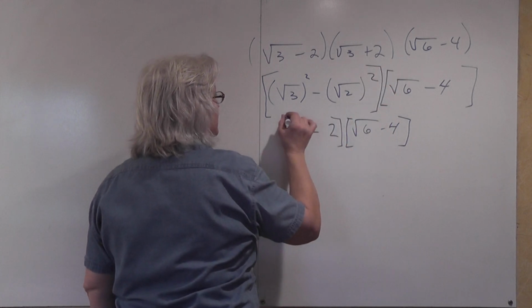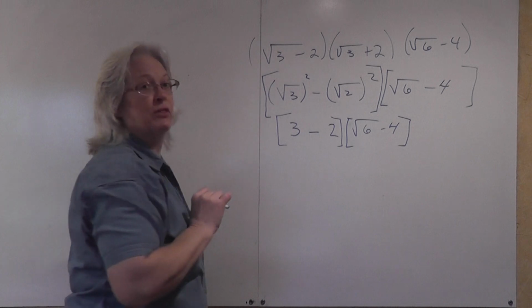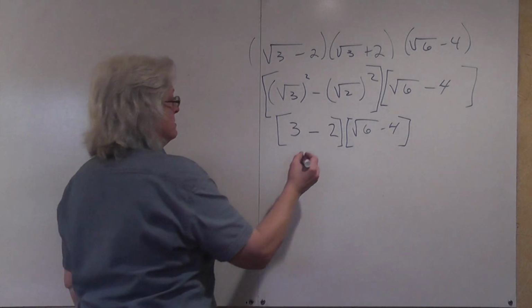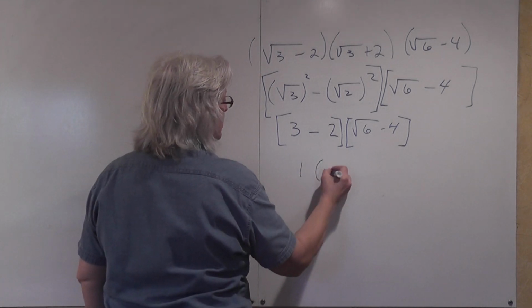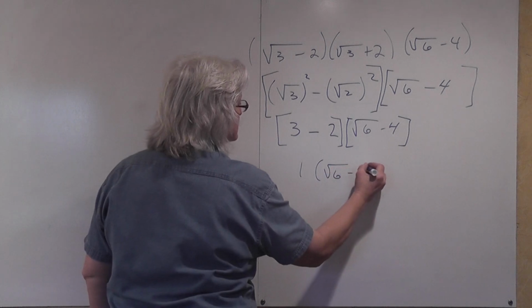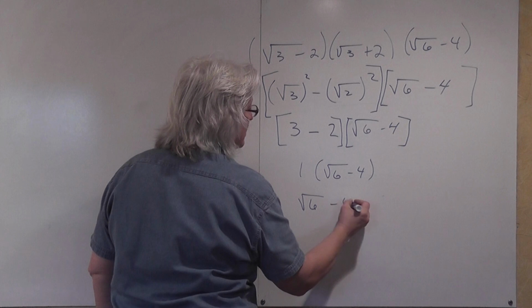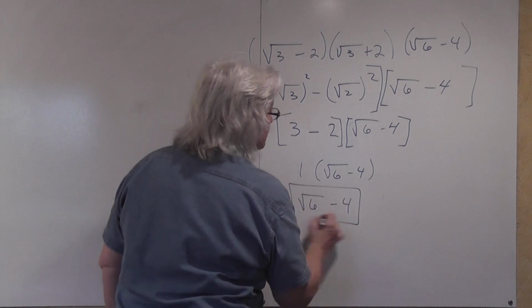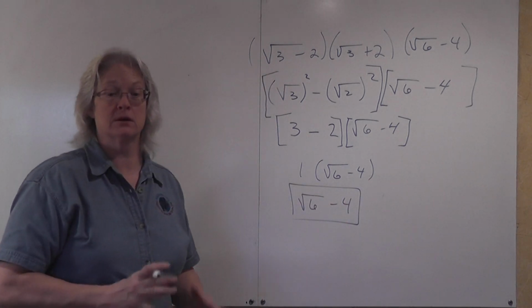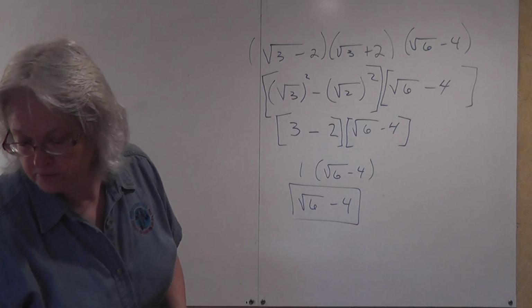So what do I have here? I have 3 minus 2 is 1 times the quantity square root of 6 minus 4, which of course gives me the product square root of 6 minus 4.